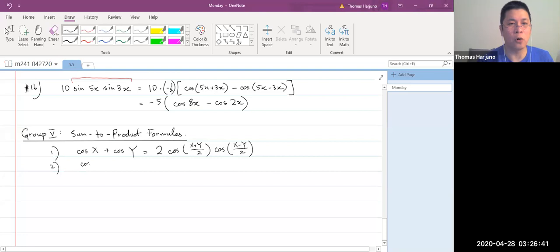Difference of cosine equals -2 times sine of half of the sum times sine half of the difference.